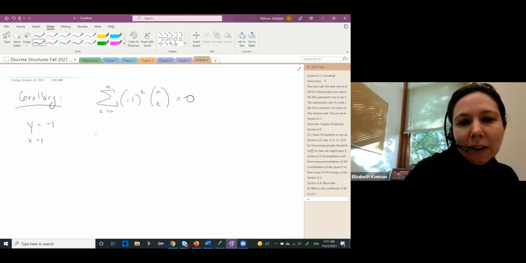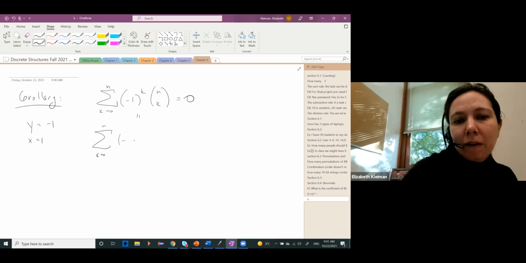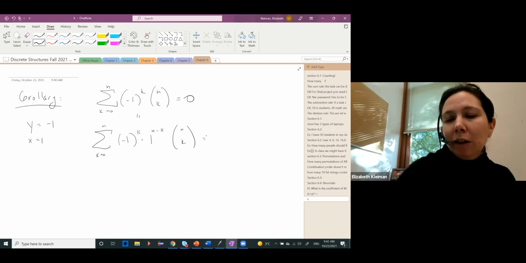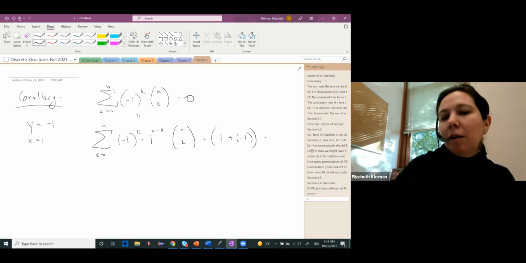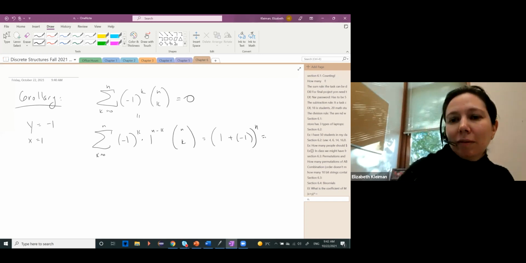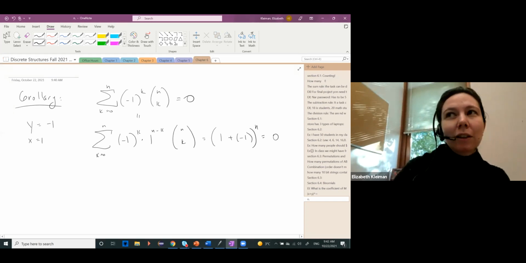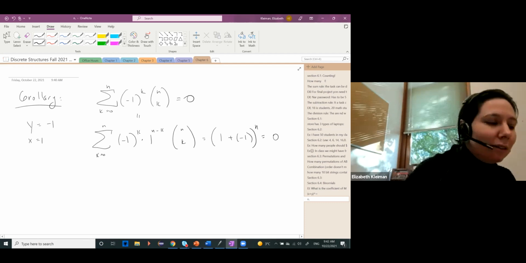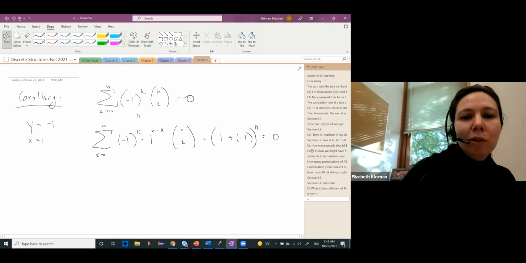Because I can kind of say this is equivalent, and then using binomial theorem, what we get is 1 plus -1 to the power n. But how much is 1 plus -1? Works like magic.